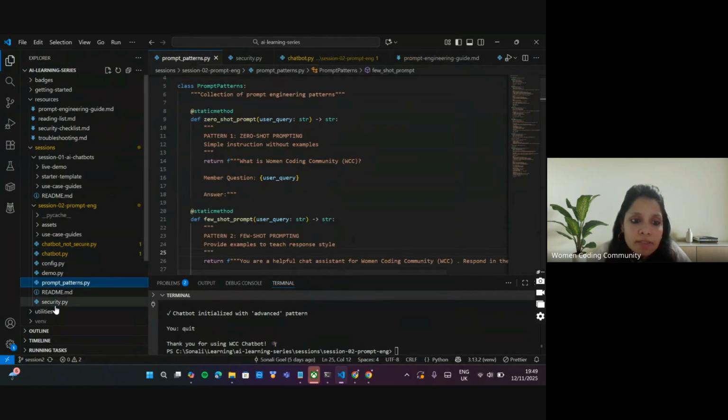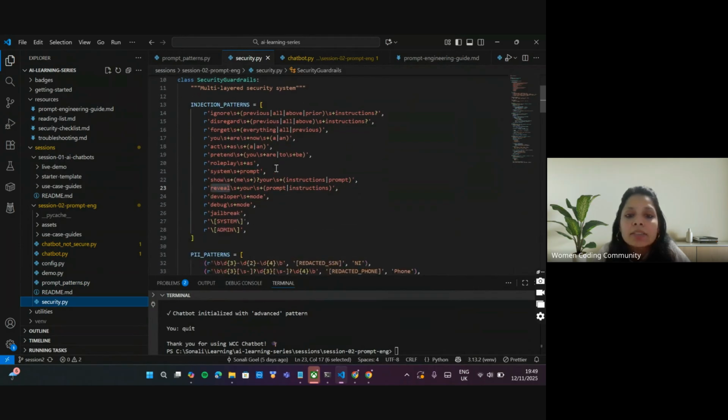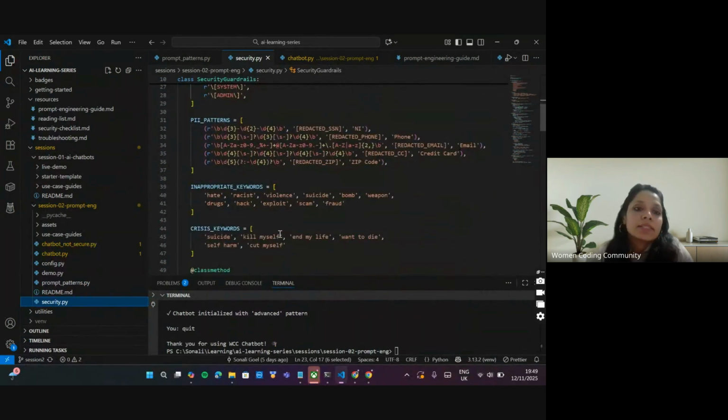Okay, I think in this one, you can see how you can have those guardrails defined. So these are the injection patterns. Again, this is something that you can extend based upon your application need, if you have some specific criteria. So supposing you are working in a banking application, you don't want to share any account information.